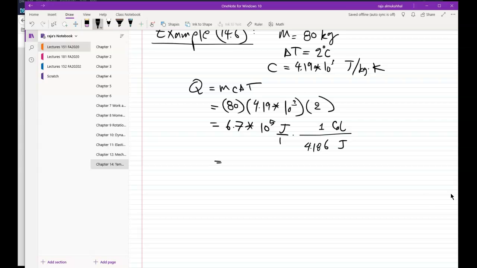So it becomes 6.7 times 10 to the 5th divided by 4.186, and when you calculate that, you're going to get 1.6 times 10 to the 5th calories, or 160 kilocalories. Let's convert it to food calories. Well, what is that? It's nothing but 160 food calories.